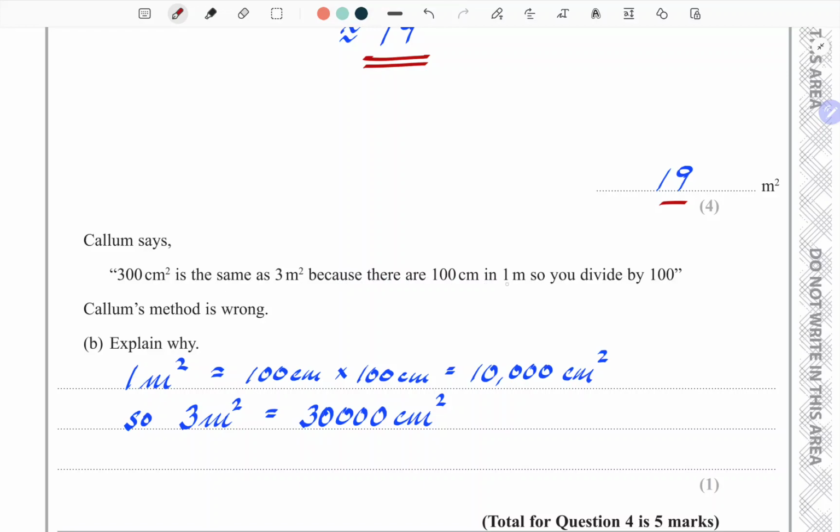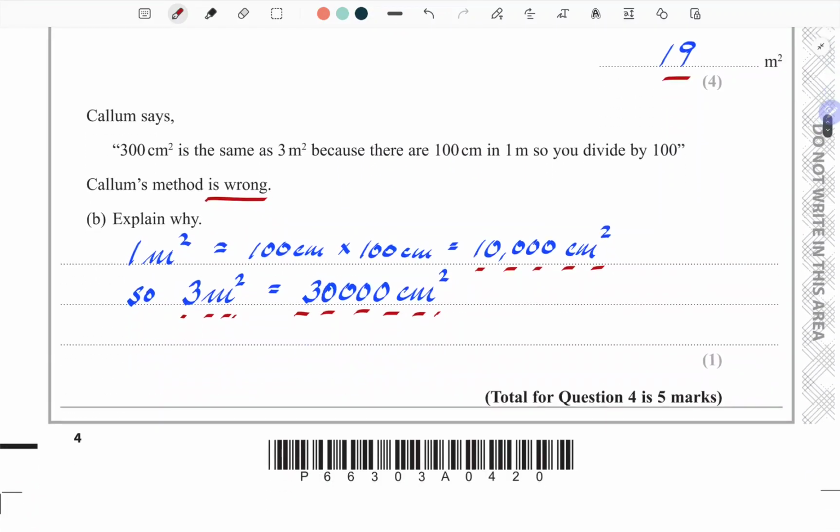Because there are 100 centimeters in 1 meter, so you divide by 100, etc. It's wrong, definitely. Explain why, and simply to say 1 square meter is 100 centimeters times 100 centimeters, all right? And that means 1 square meter is 10,000 square centimeters. And so 3 square meters would be 30,000 square centimeters. Just put that in. You don't have to write a statement for this particular one.